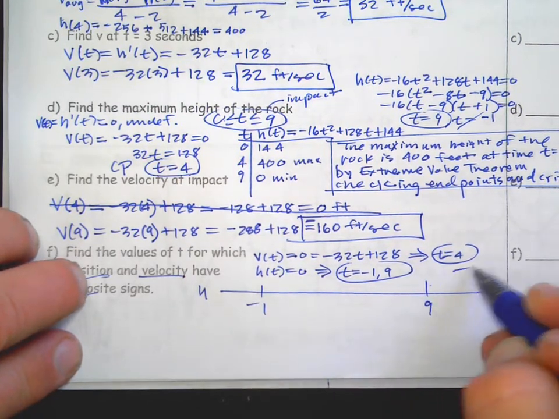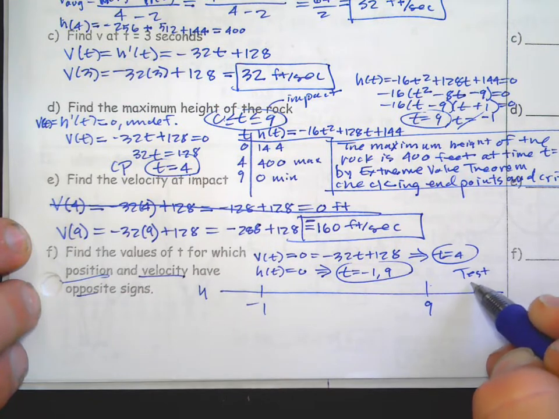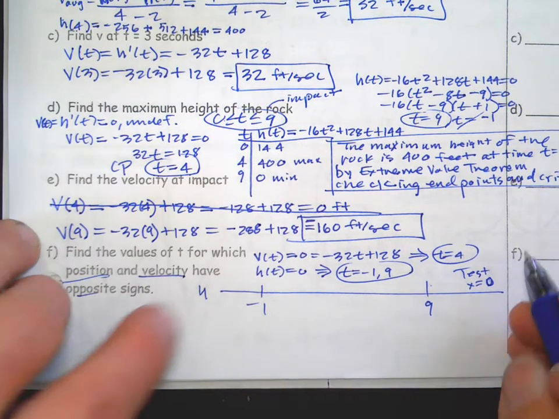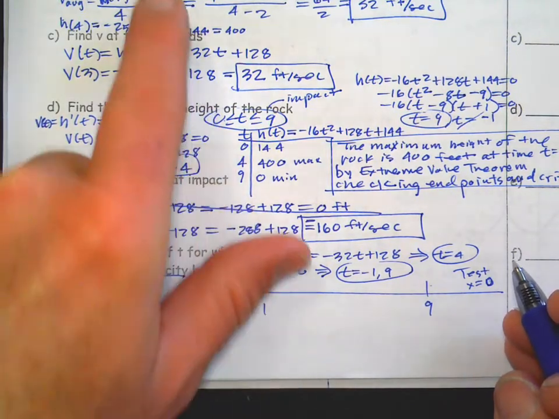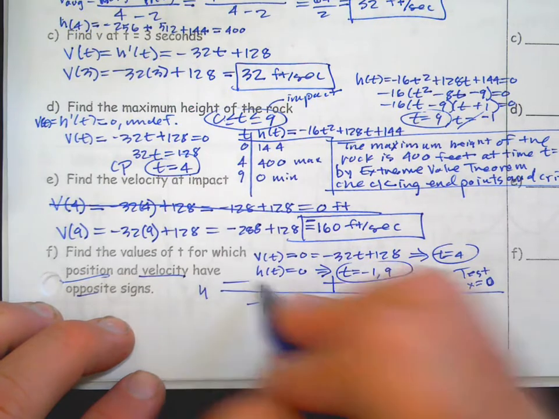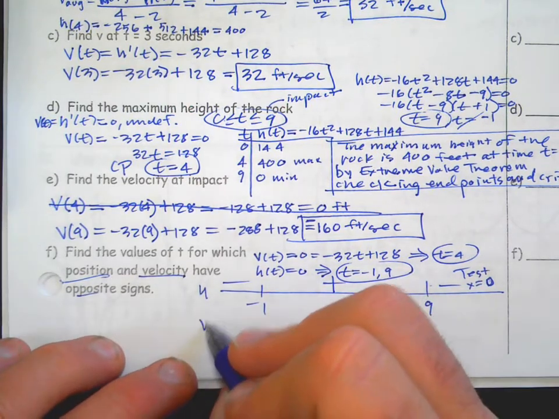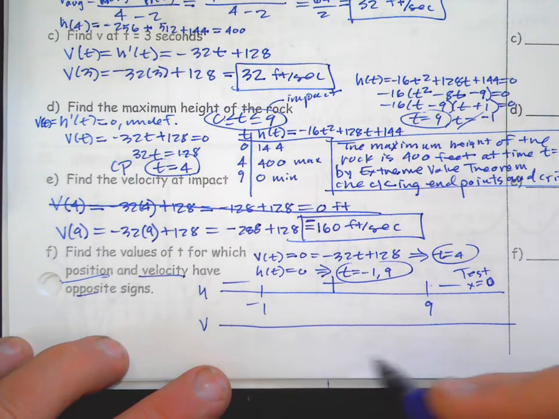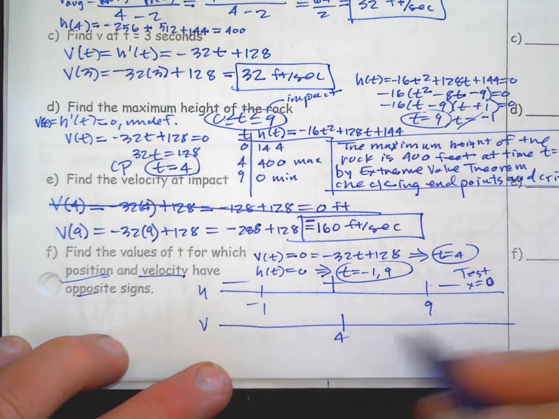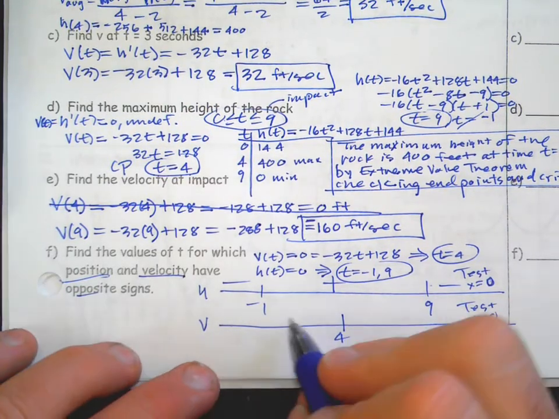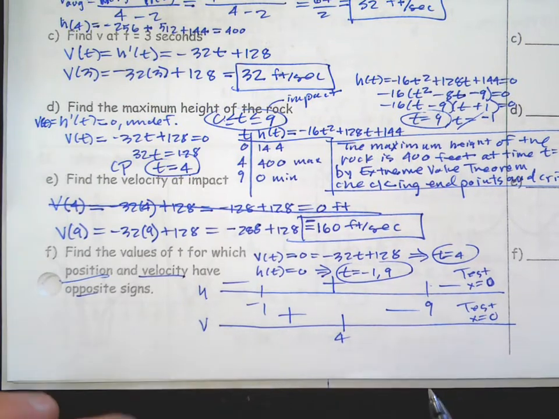I'm going to test a point like x equals 0 in h, which would give you a positive, and then a negative, and then a negative. Okay, and then velocity would just be at 4, which would be in between these, and then we could test x equals 0 for that also, and that's going to be positive over here, negative over here. So where do they have opposite signs?